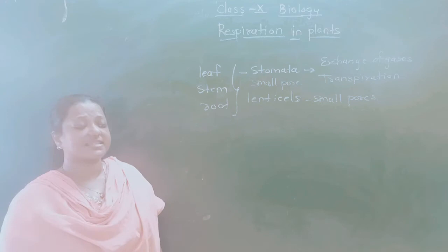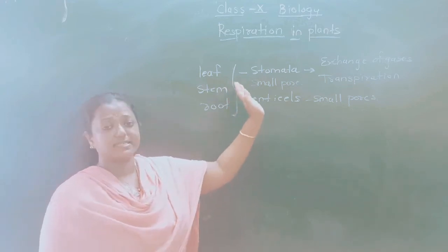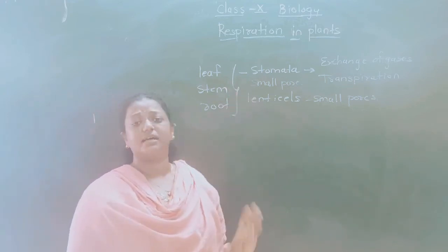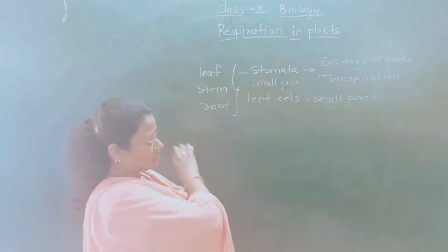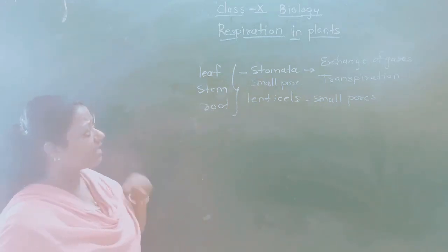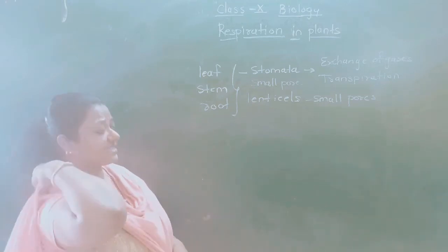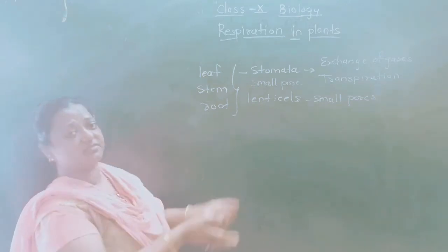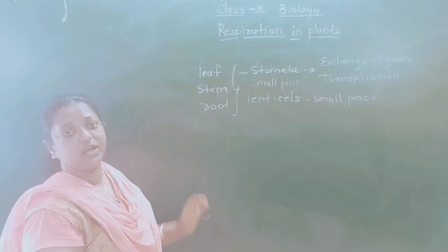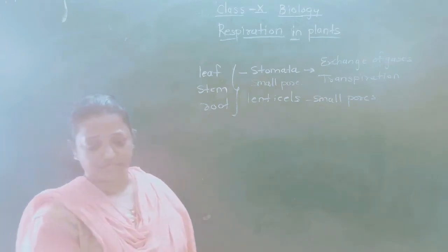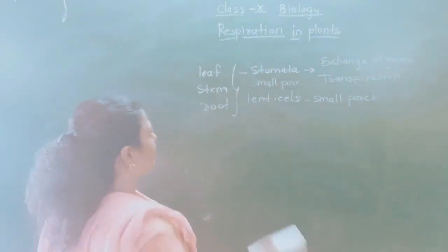Exchange of gases is carried out on the stem and root by the lenticels. So now we have talked about how oxygen comes in, how carbon dioxide goes out, and through which organ of the plant. Now we will move ahead with our process.